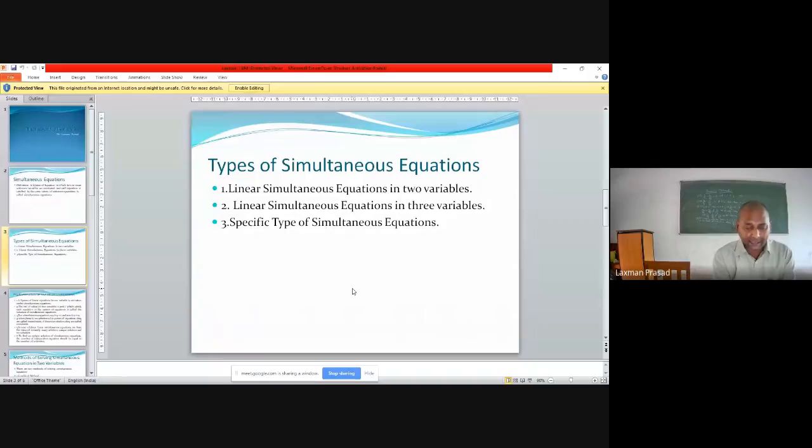This is one example. And the second one is the reciprocal equation. Reciprocal means 1 upon, which is called reciprocal.